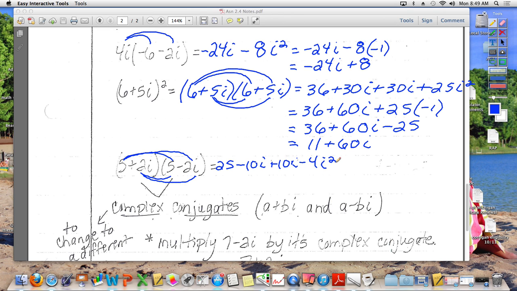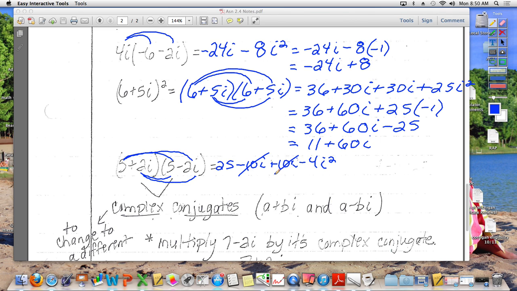What happened when I did this? What do we just create? Those cancel out. And that will always happen if the binomials you are multiplying are exactly the same, except for the plus minus part. Okay? And then we just clean it up. It's going to equal 29.